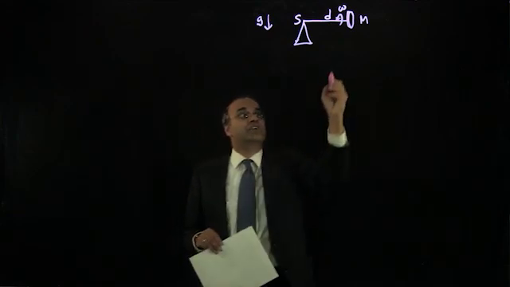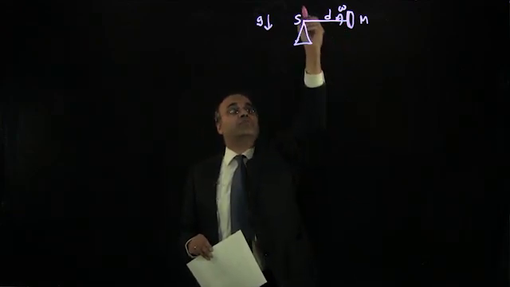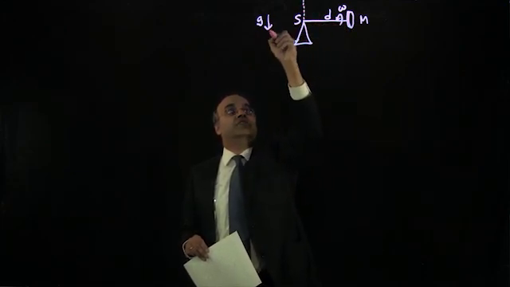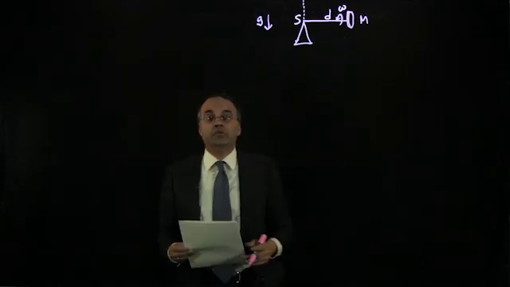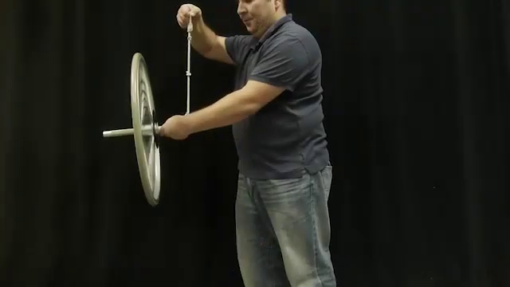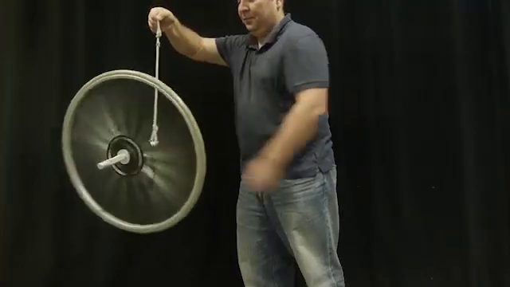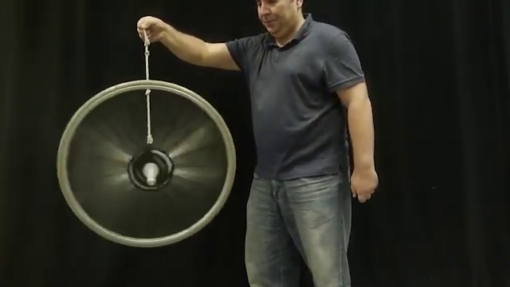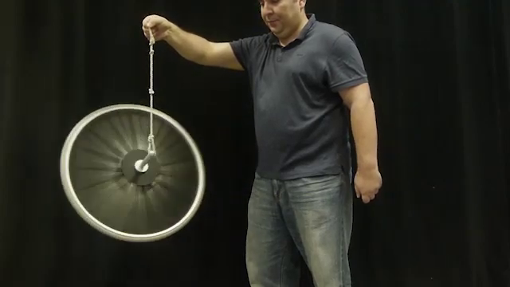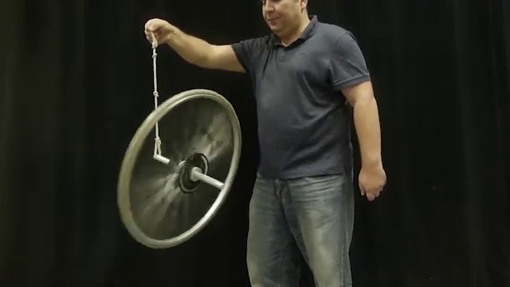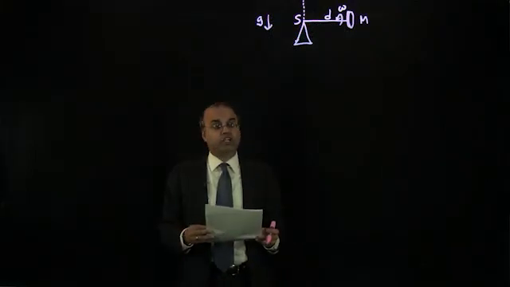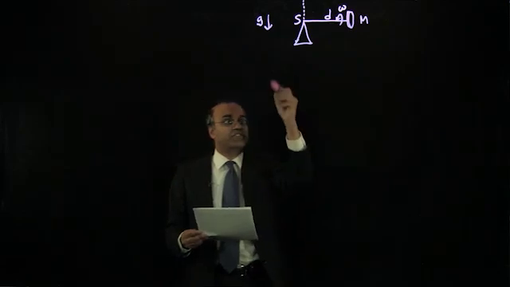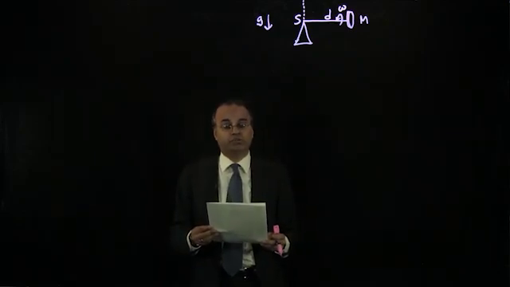But the center of mass of the wheel will execute a small circular orbit about the vertical axis through the pivot point. This remarkable and very non-intuitive motion is called precession, and the system that's undergoing precession is called a gyroscope.